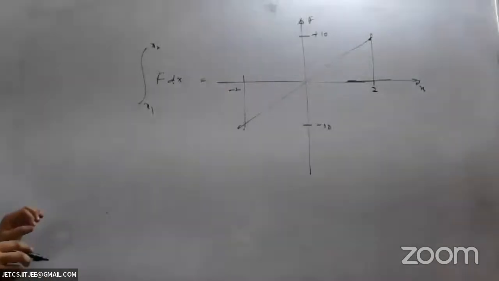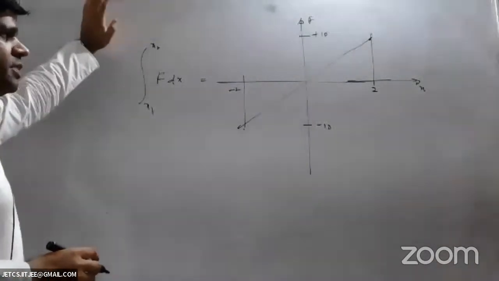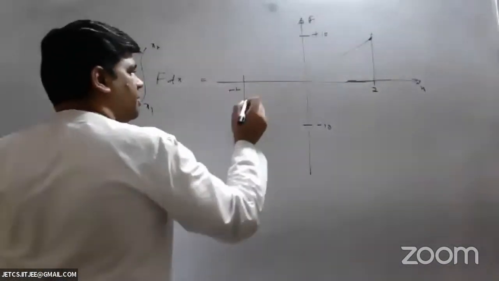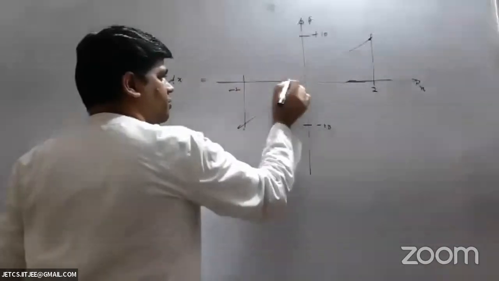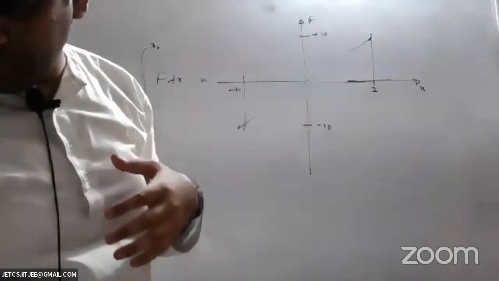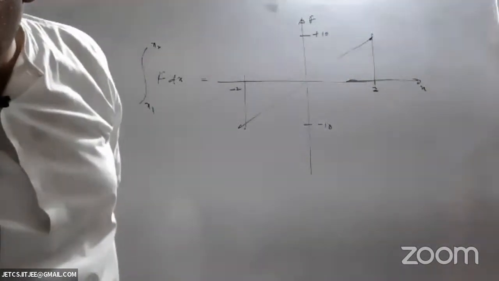For now we'll just talk about the mathematical, graphical aspect of it. We'll do the physical analysis later. Actually, what is happening here is a particle is taken from -2 to 0 first. Find the work done by the force in displacing the particle from -2 to 0, and 0 to 2.